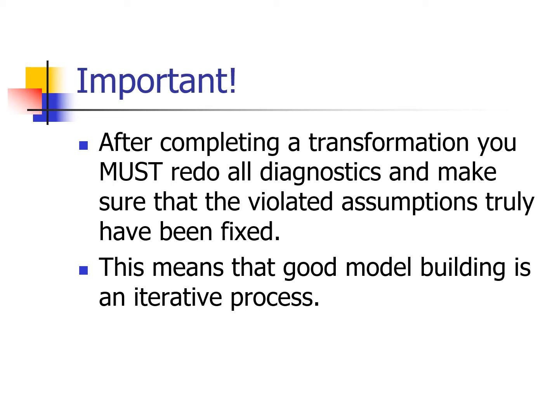We have to go back to those scatter plots and histograms and make sure that this transformation did what we wanted it to do. Good model building is an iterative, cyclical process. So we run our diagnostics, it doesn't look good, we do a transformation, and we run our diagnostics again. Maybe it looks better but not great, so we try a different transformation, run our diagnostics again, and compare the results.